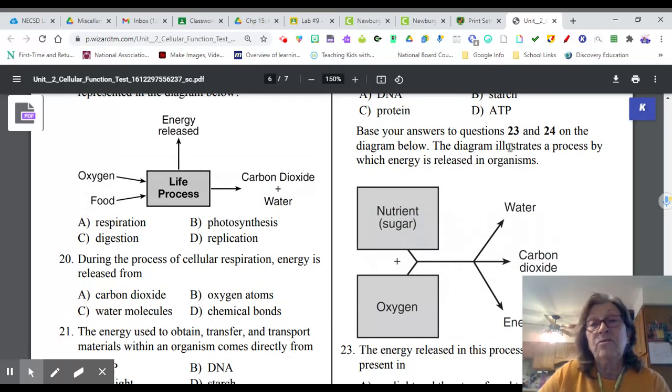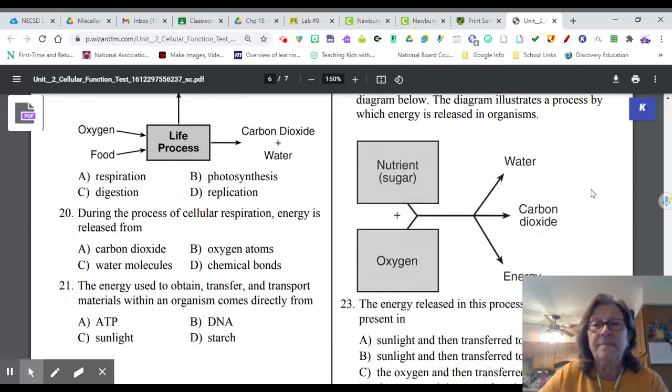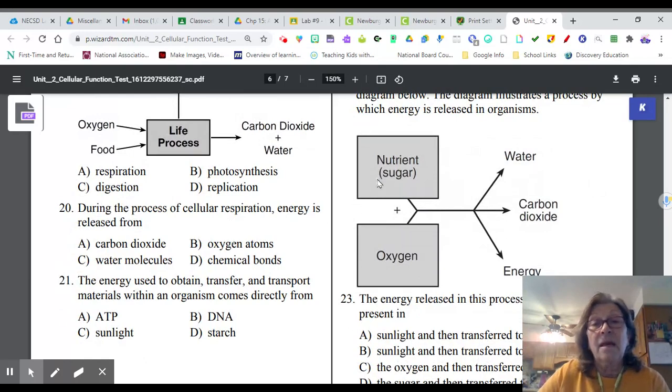Base your answers to questions 23 and 24 on the diagram below. The diagram illustrates a process by which energy is released into organisms. We have nutrient, sugar, plus oxygen, water, carbon dioxide, energy.